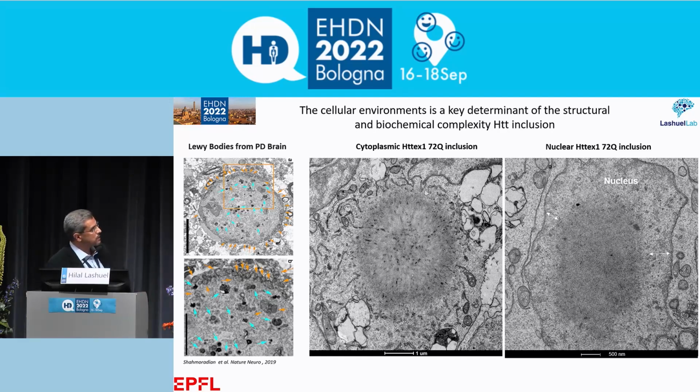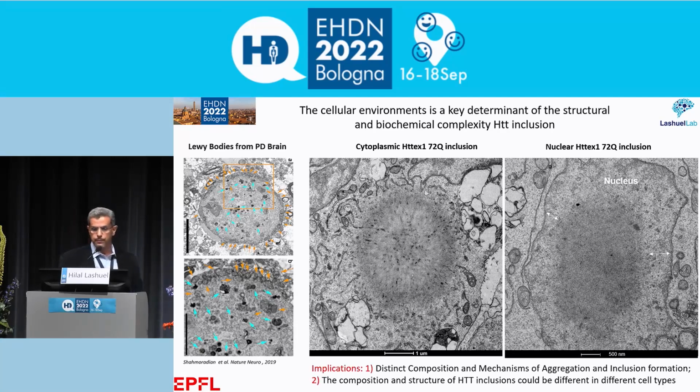And actually, recently, a colleague showed me images of an immature Lewy body that looks very much like this. Okay. So the implication of this is that there are distinct compositions, which suggests distinct mechanisms of aggregation, and that the composition and structure of HTT inclusions could be different in different cell types as well.